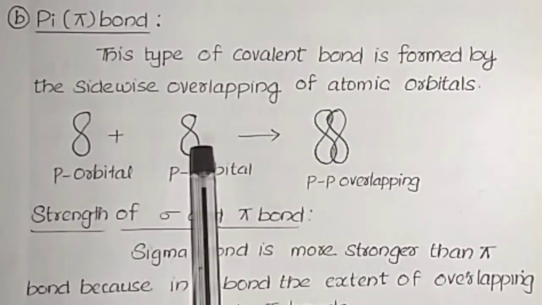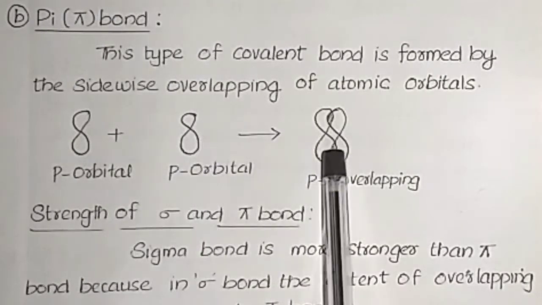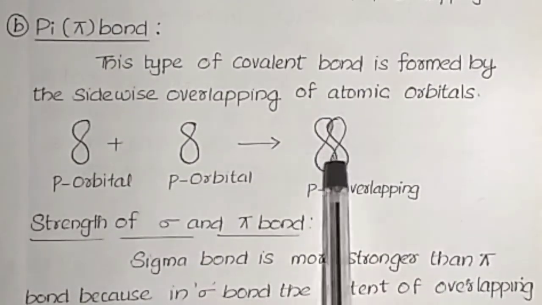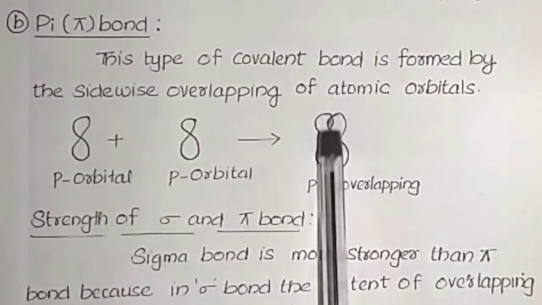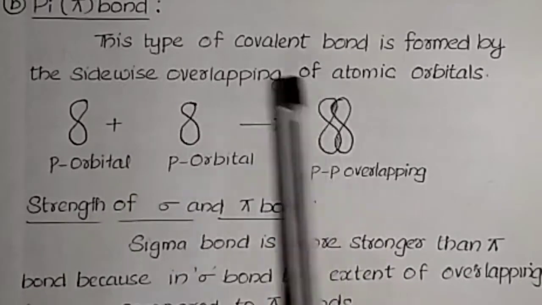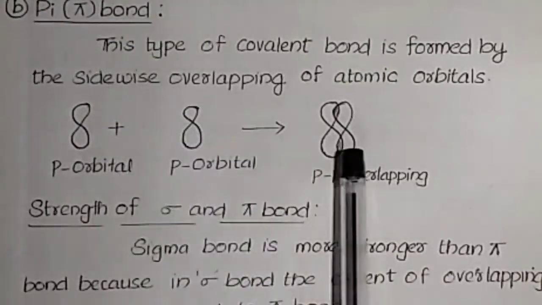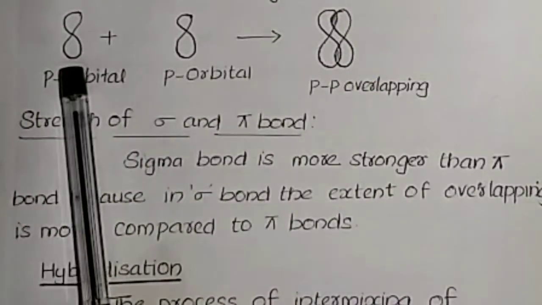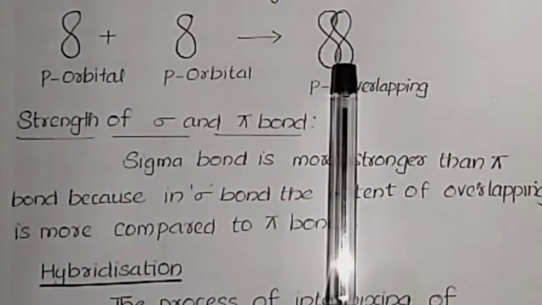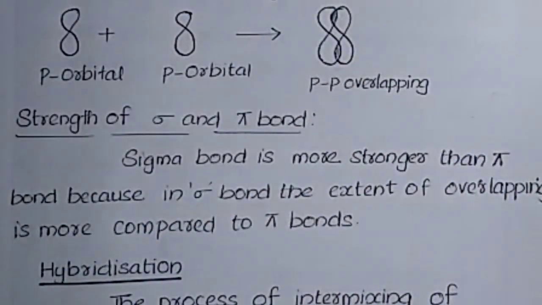They come closer to each other not through the internuclear axis but they overlap sidewise, through the sides of these lobes. This sidewise overlapping of atomic orbitals gives a pi bond. Here one p orbital and another p orbital overlap sidewise, then we get PP overlapping.